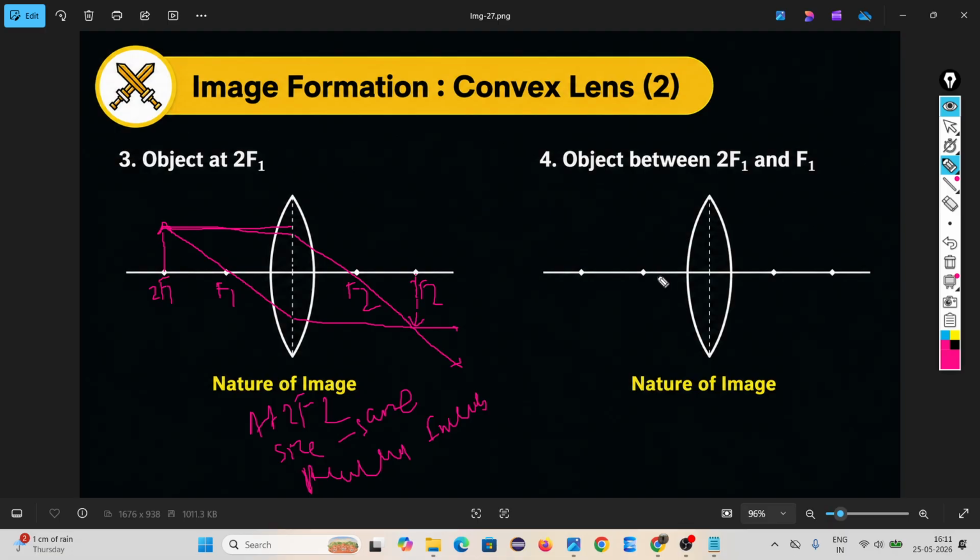Object is between 2F1 and F1. This is 2F1, F1, F2, 2F2. Object is here.